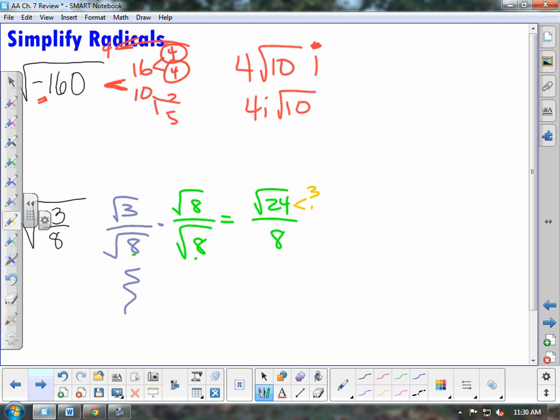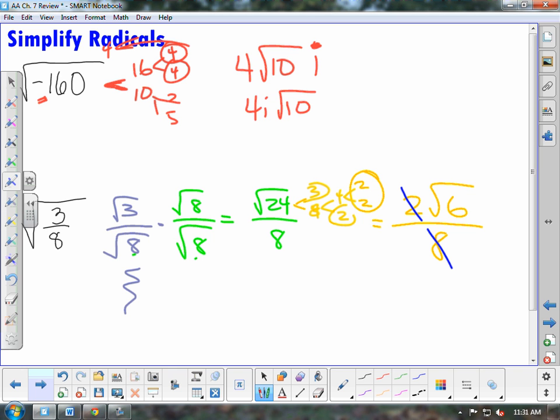Factoring 24 is 3 times 8, and 8 is 4 times 2, and 4 is 2 and 2, so we have a pair of 2s which get to leave as a 2, and we have a 2 and a 3 left, which is 6, and now that is all over 8. And then the 2 and the 8 can simplify to the square root of 6 over 4.